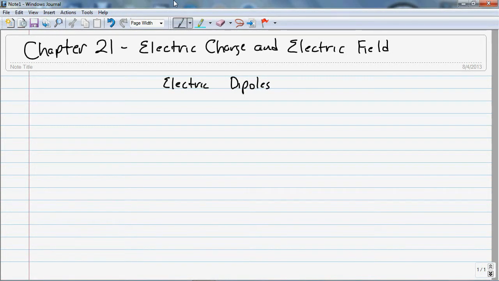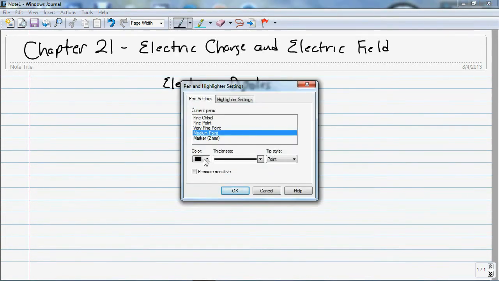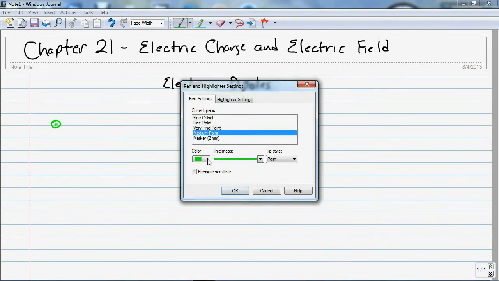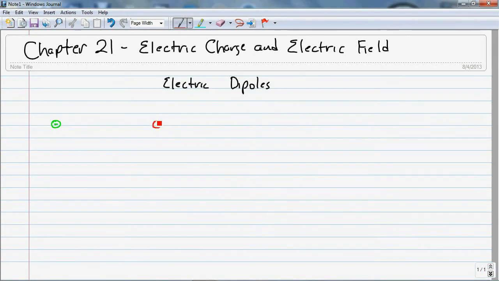So let's take a look at a dipole, and we'll have a negative charge and a positive charge that are separated by some distance.